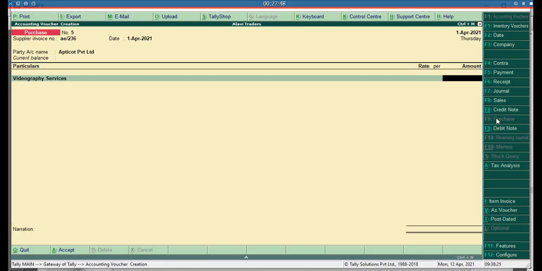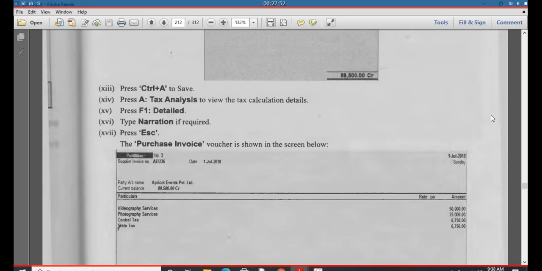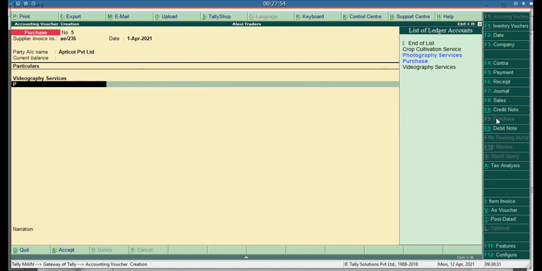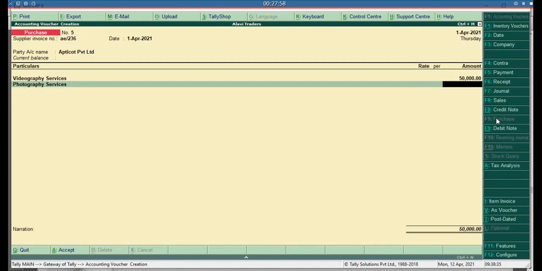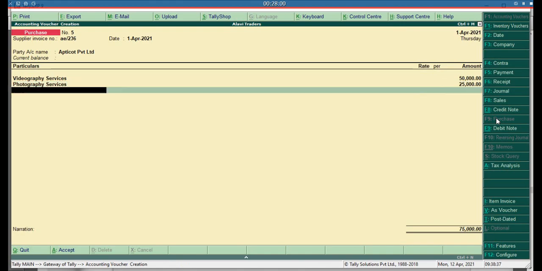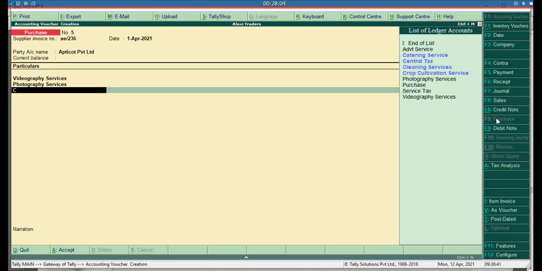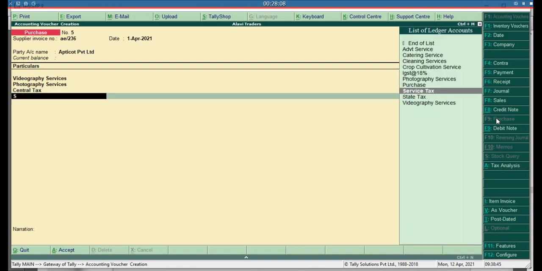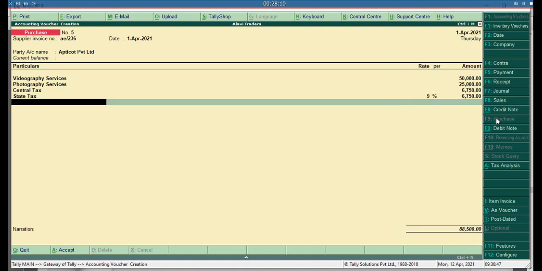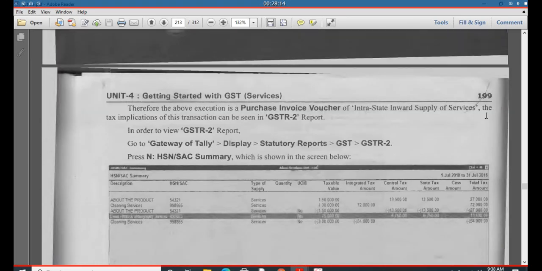Videography 50,000 and photography 25,000. Next we have to go with central tax and state tax. So 6,550 will be the central tax and state tax.